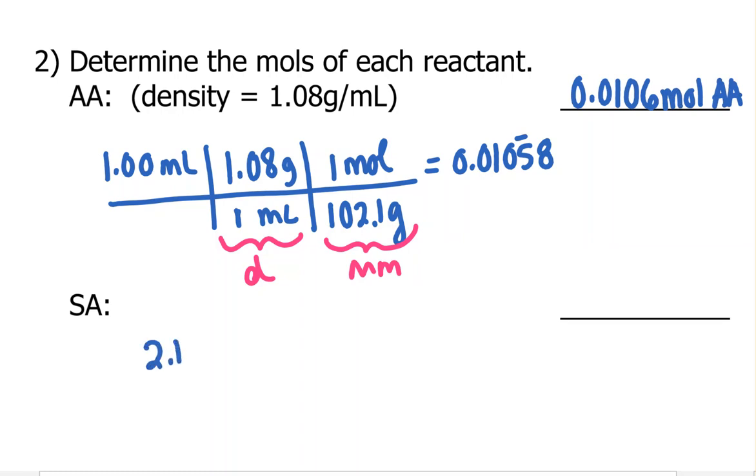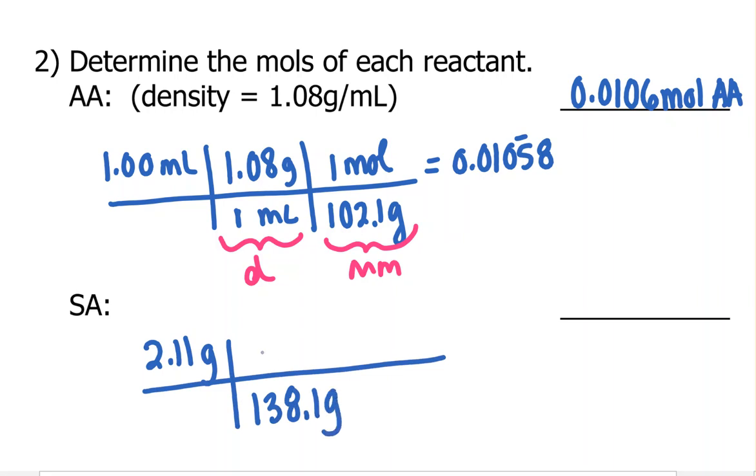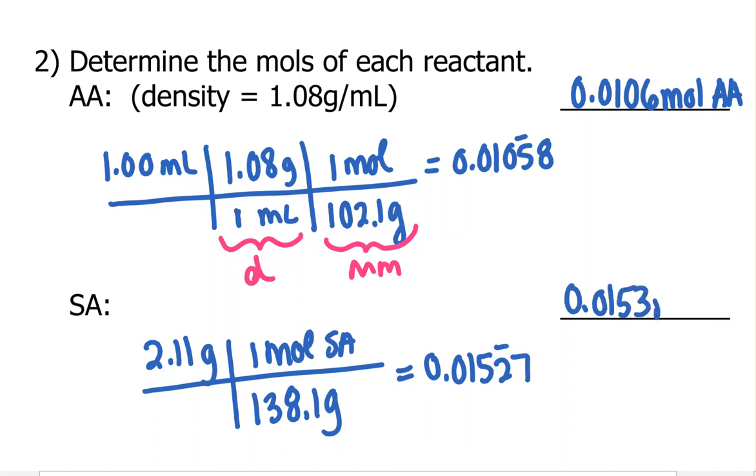Salicylic acid is a little faster because we have grams of salicylic acid. Again, this was just molar mass.